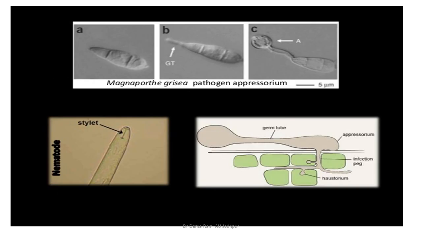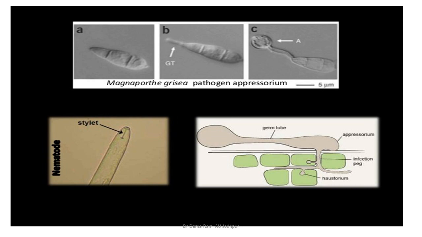Here in the picture you can see Magnaporthe grisea causing blast disease in rice. Here GT is the germinating tube. First the pathogen lands on the plant surface, after that it germinates through a germ tube, and that germ tube converts into an appressorium.